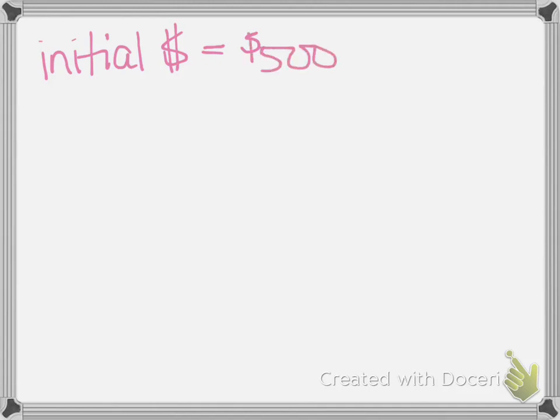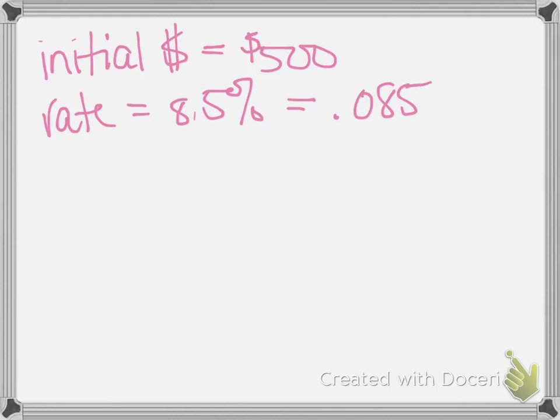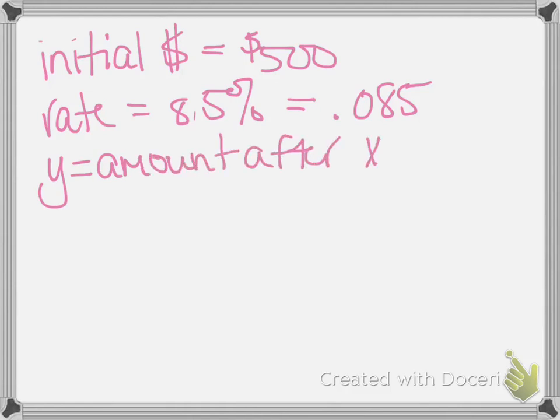So I'm going to go to the next screen here, and I'm just going to put down the important information. The initial investment, initial money, is $500. The rate is 8.5%, which is equal to 0.085. And y is the amount after x years, which is supposed to equal $800, and the number of years is what I'm looking for.